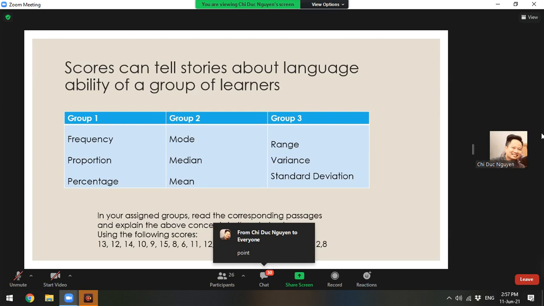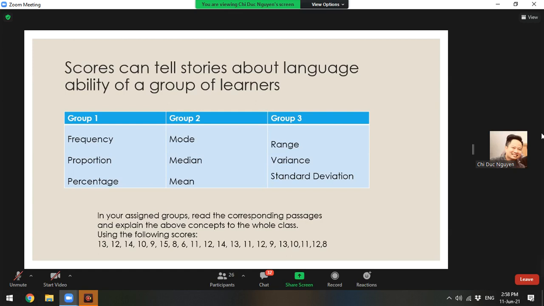So if we take 11.5 as the median, we have 10 students below this median and another 10 students above it. So the median is the cutoff point that divides the data set into 2 equal halves: below it we have one half, and above it we have the other half.